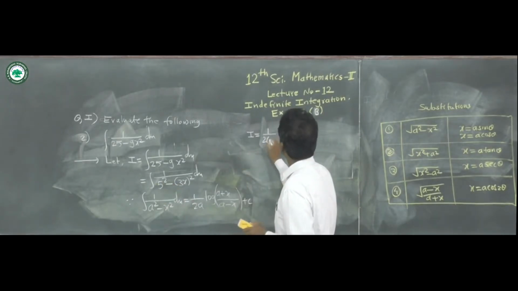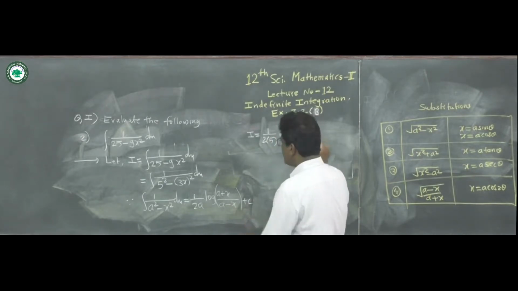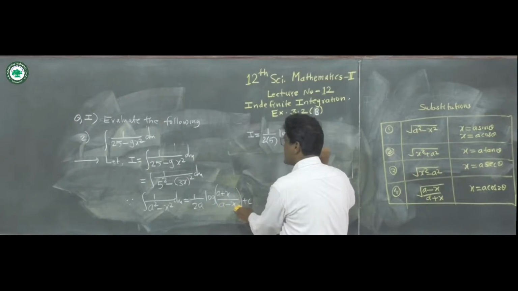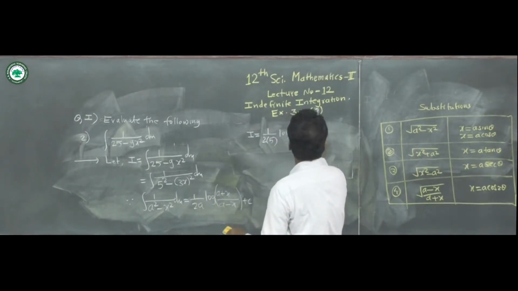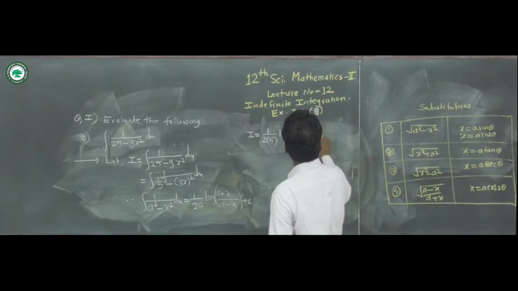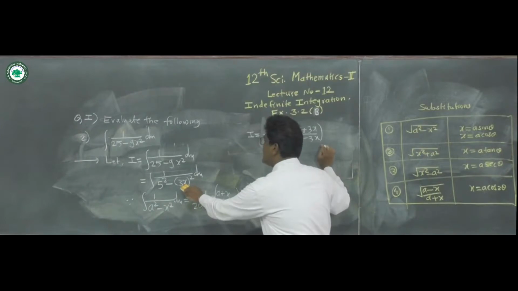So 1 upon 2 into 5 into log of, in the denominator 5 minus 3x, in the numerator 5 plus 3x.